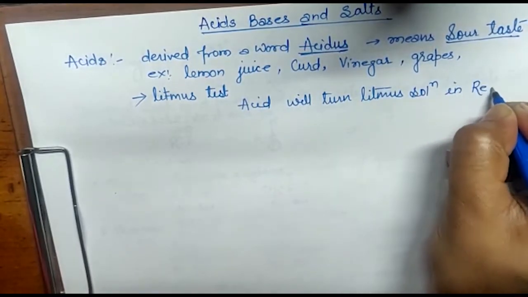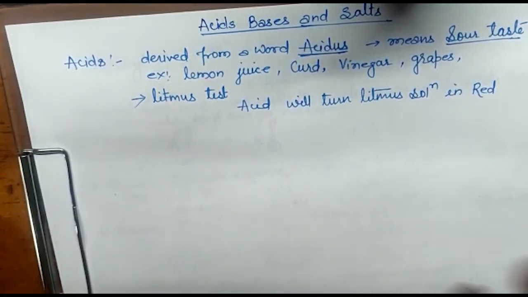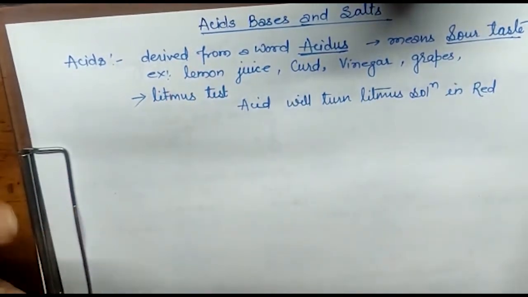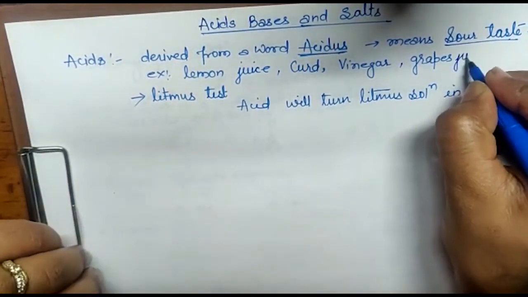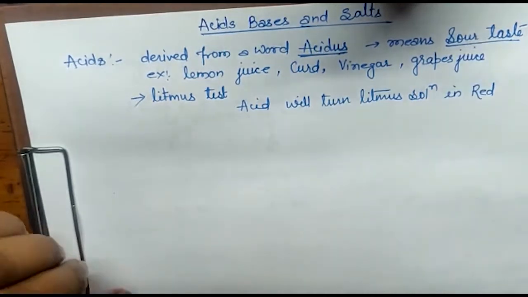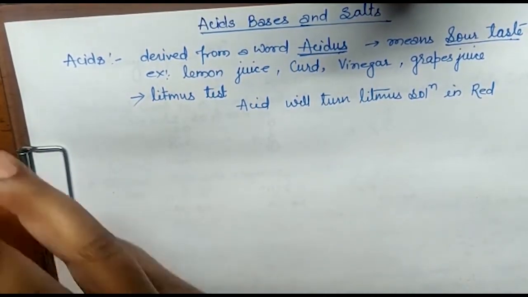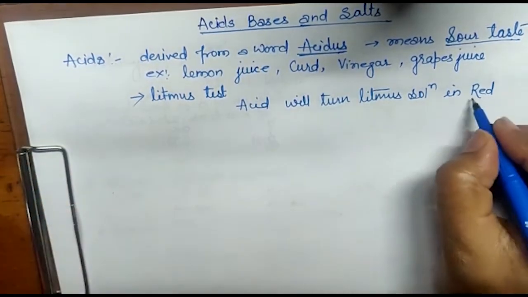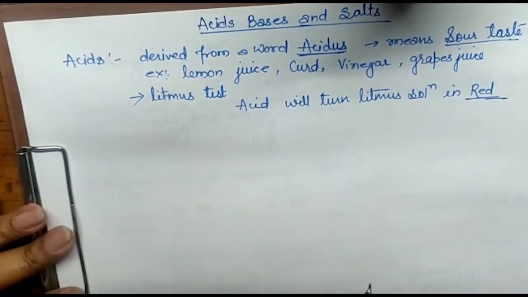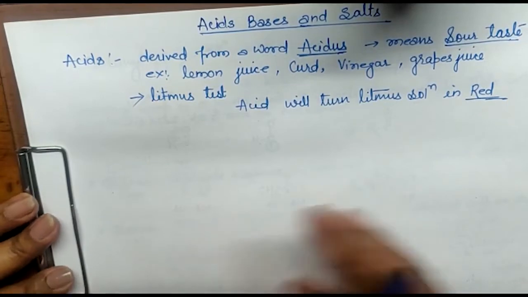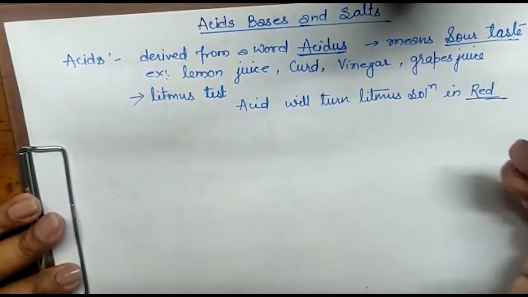If in any chemical substance, like lemon juice or curd or vinegar or grape juice, we add one or two drops of litmus solution and the color of that solution becomes red, then we'll say yes, it is acid, while base will convert it into blue.